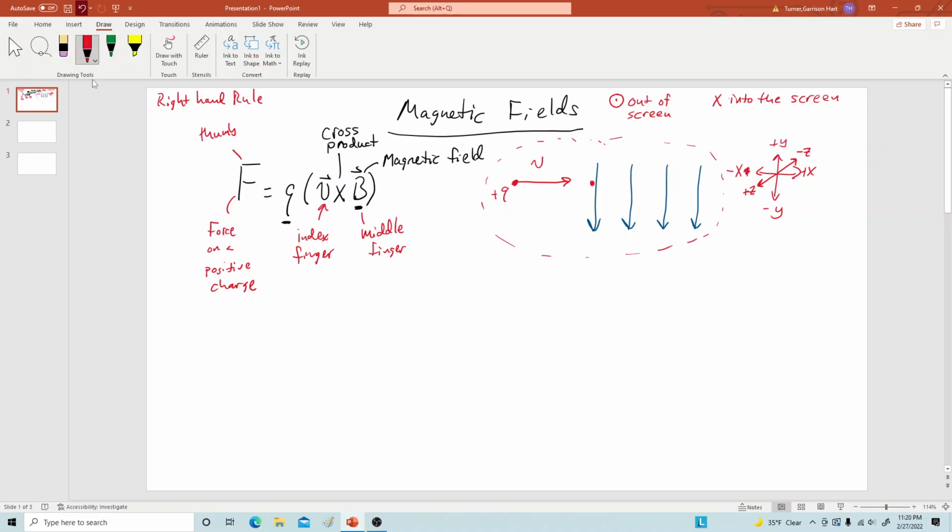Once the charge reaches the point where the magnetic field is established, it will experience a deflection into the screen. And if I were to look at this from above, okay, if I were to look at this from above, it didn't take it.